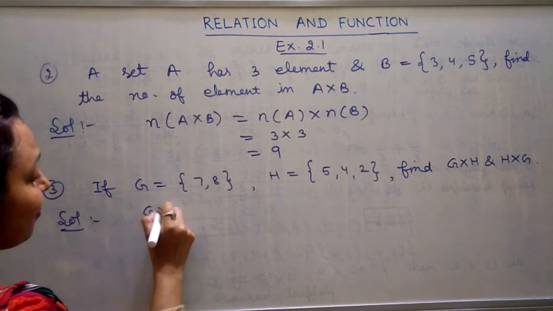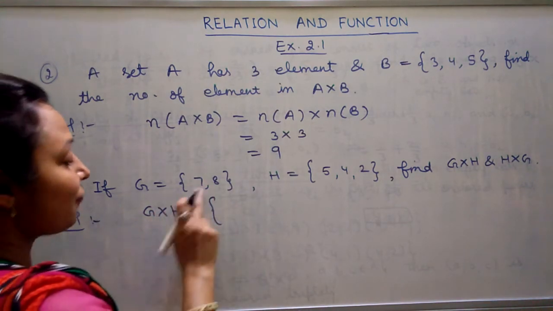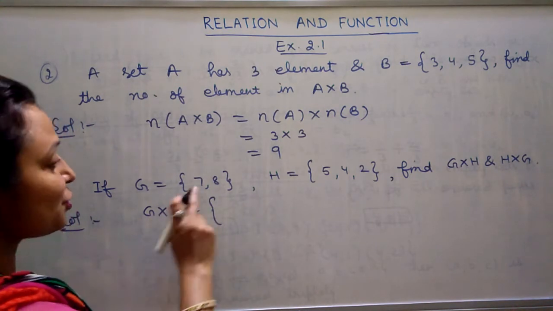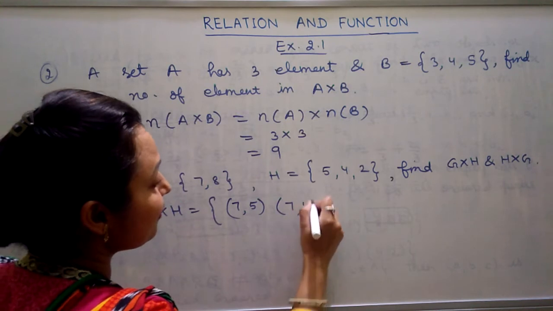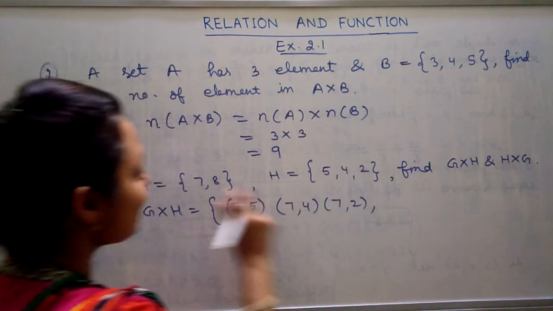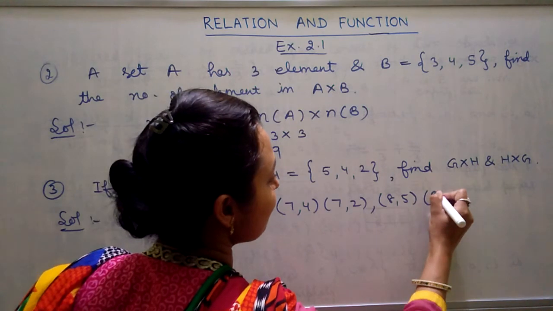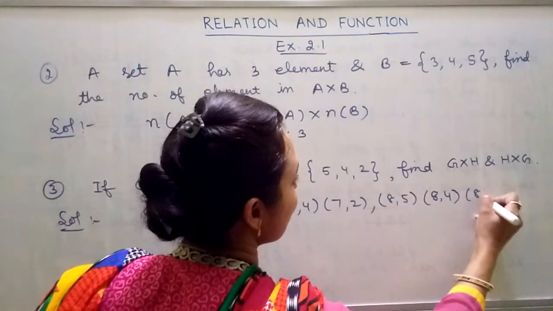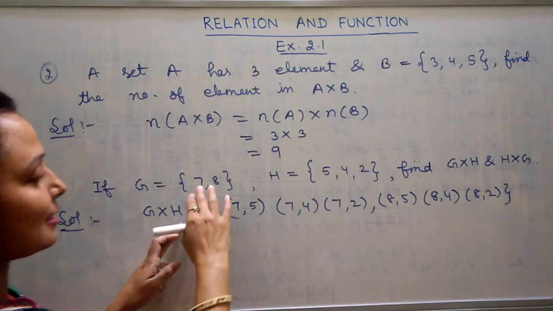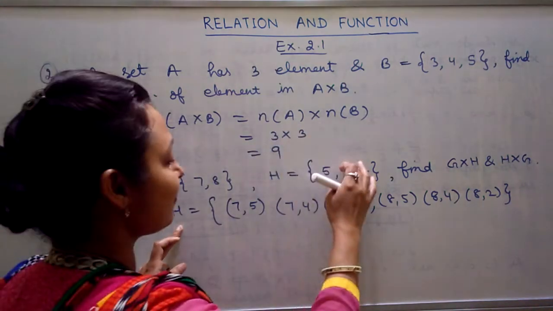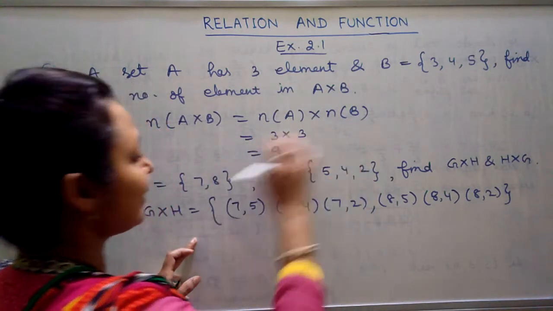Taking G cross H, the element of G should be in the first position: 7, 5, then 7, 4, then 7, 2, right? 8, 5, 8, 4, then 8, 2. So this is the way to find G cross H: 7, 5, 7, 4, 7, 2, 8, 5, 8, 4, then 8, 2.